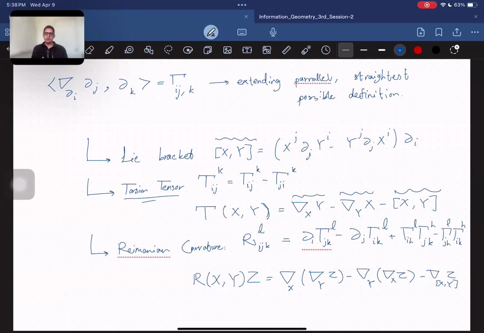So we're taking a look at this space, and we want to see how curved or torsion the space is. We just take as many derivatives as we can.